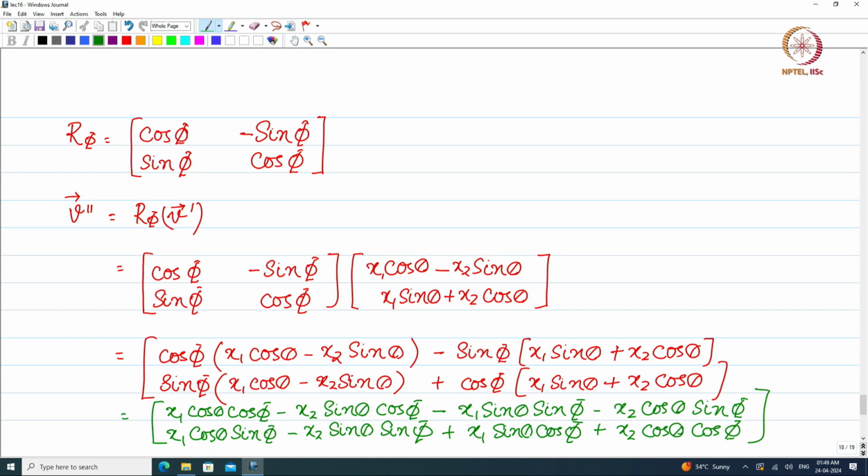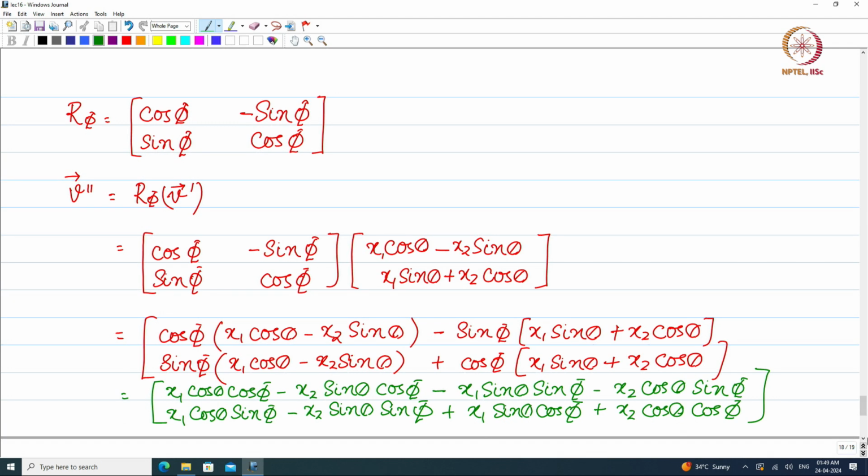Now, if you look at the term corresponding to x1, you get cos theta cos phi minus sin theta sin phi, and corresponding to x2 you see it is sin theta cos phi and cos theta sin phi, which is actually the expansion of cos of theta plus phi and sin of theta plus phi.